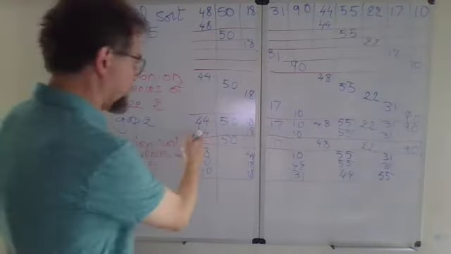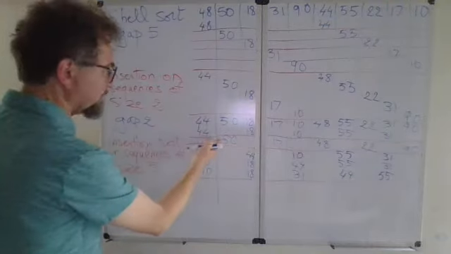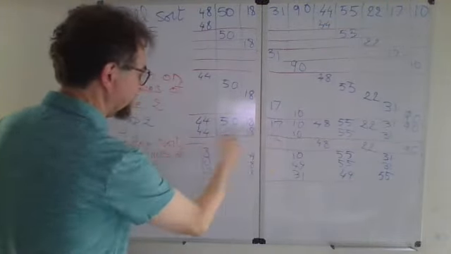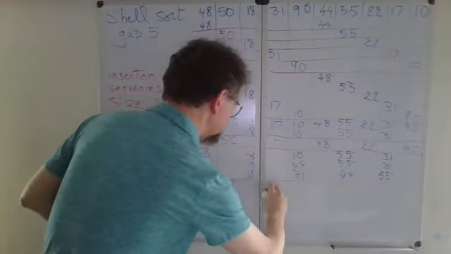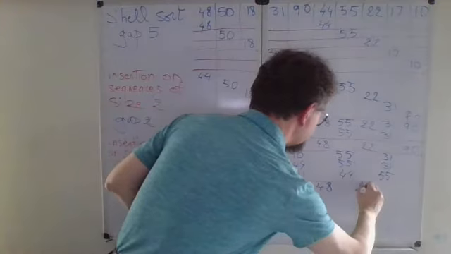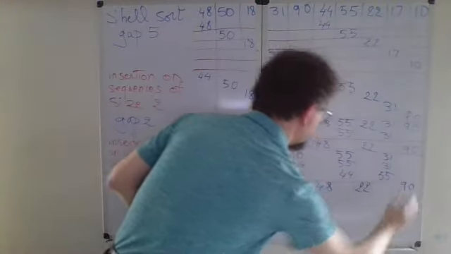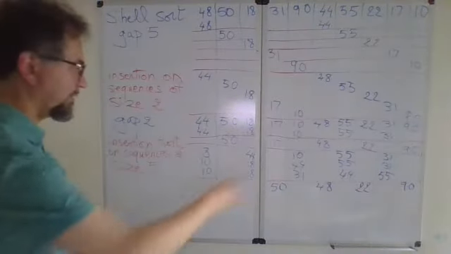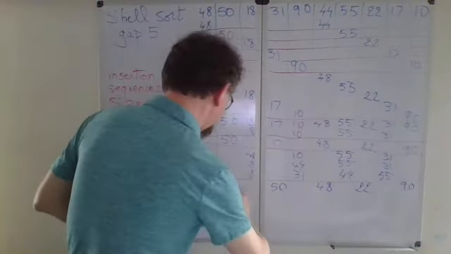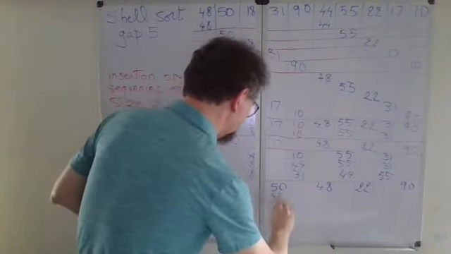Then I sort the other subsequence of size 5, starting with 50, inserting 17 into 50. I copy the numbers in the sequence just to illustrate the evolution of how the sequence gets modified. We insert 48.